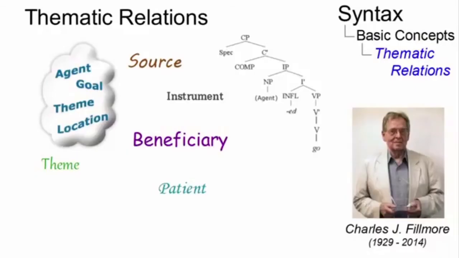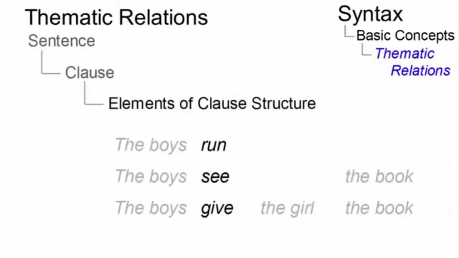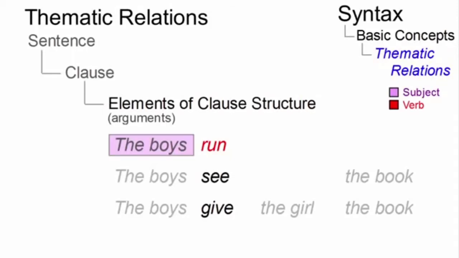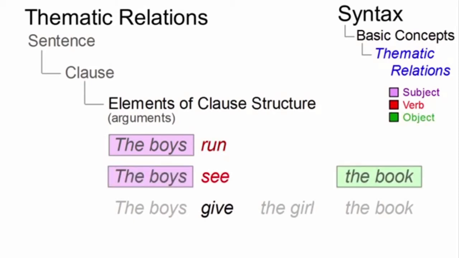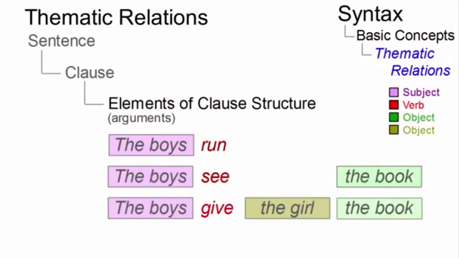Thematic relations express the role that is assigned to the arguments of a verb in a sentence. Here are three sentences. For example, run, as in "the boys run," has one argument, the boys, which functions as the subject. See has two arguments, a subject and an object, and give has three, a subject, an indirect, and a direct object.